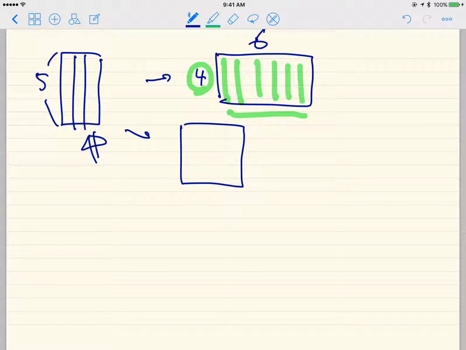So in the case of an orthogonal set or orthonormal set, it should always be a thin and tall matrix, or a square matrix, like a 4 by 4.